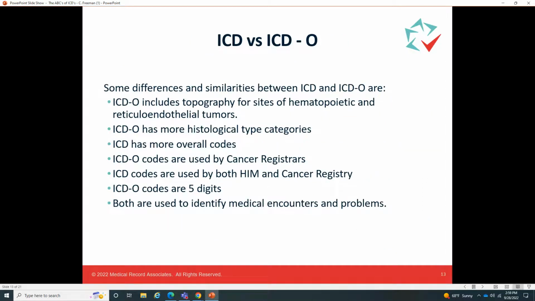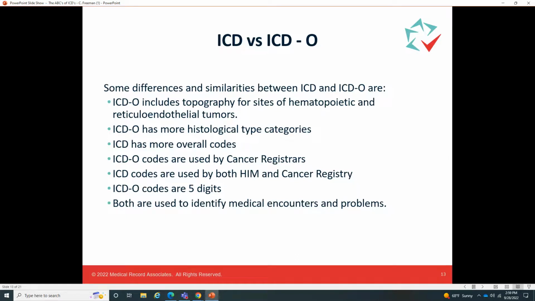ICD versus ICD-O. We've already learned that ICD-O was generated from our ICD codes. There are more differences and similarities between the two. ICD-O codes include topography for sites of hematopoietic and reticuloendothelial tumors, whereas ICD does not.